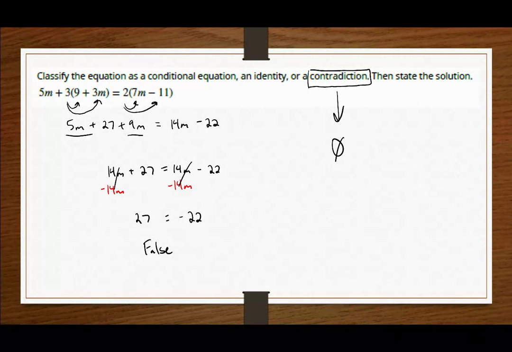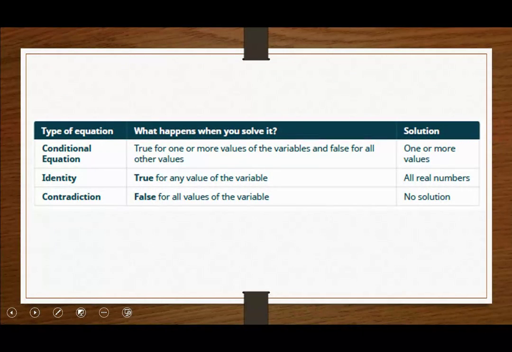So these are the different types of classifications that you'll come across and need to be able to identify. This is also going to be true in cases where we look at inequalities in the next section. But just to recap here for a moment, the three types of equations we covered are the conditional, where we get one or more values for the solution.